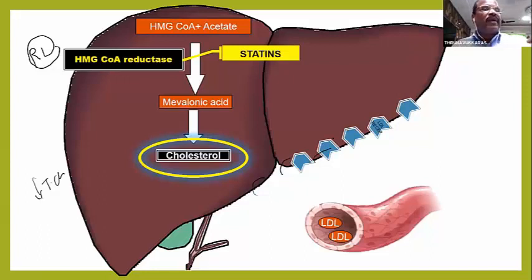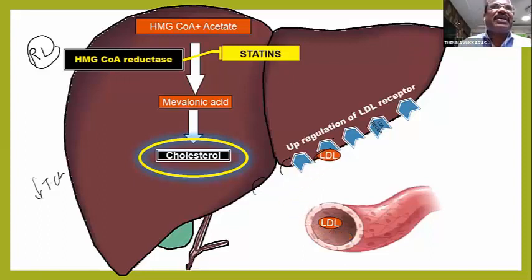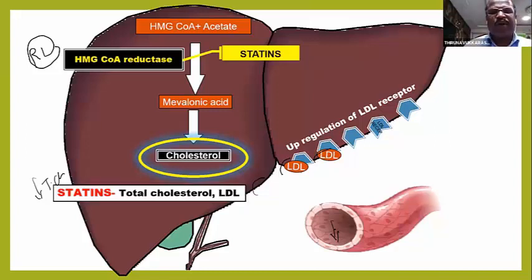So whenever a statin decreases the cholesterol, there is upregulation of LDL receptors on the hepatocytes. This causes engulfing of all the peripherally circulating LDL. So the LDL goes inside the liver cells, thereby the plasma LDL level decreases. So the beauty of statins is they decrease total cholesterol as well as LDL cholesterol. By the way, it's a very good drug for acute coronary syndrome.